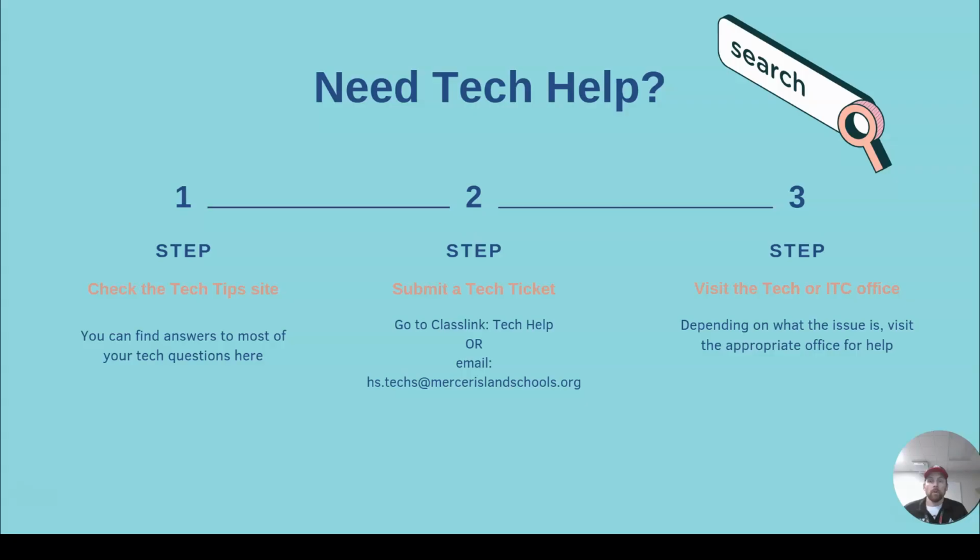If you don't have access to ClassLink and you still need to submit a ticket, you can also email us at hs.techs@mercerislandschools.org and it'll do the same thing. The third option is just come by and visit us in the tech office at 301A or the ITC office 402C, and we'll be able to help you out.